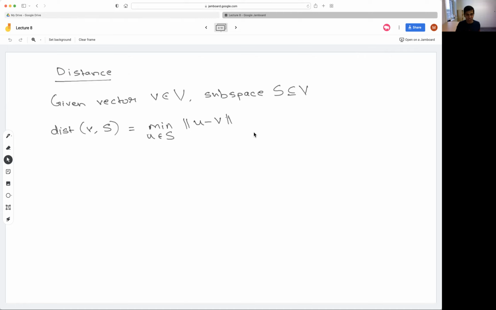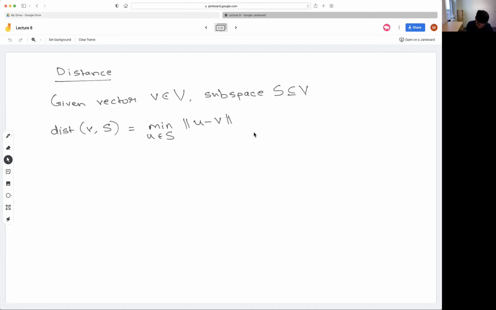And whichever is the closest, I'll choose that u and call that the distance of v from the subspace. This can be used more generally. So this notion of distance can be used even when you're defining the distance of a vector v from any kind of geometric object. It can be a convex body, it can be a weird surface. It doesn't have to be a subspace, but it has a particularly convenient form for a subspace. Okay.